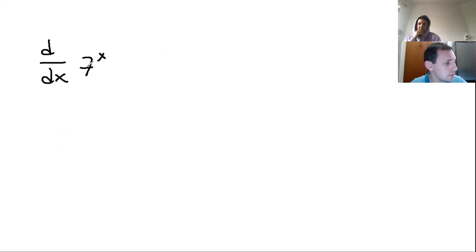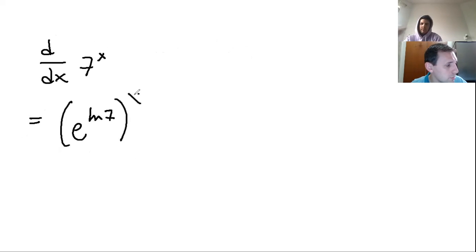So what you can do is, instead of 7, you can write e to the ln 7. That's where the ln 7 comes from, and that would be to the power of x. Do you agree that if I take e and raise it to the power of log base e of 7, I will get 7? Are you with me? So I need to take the derivative of that, but what can I do here?